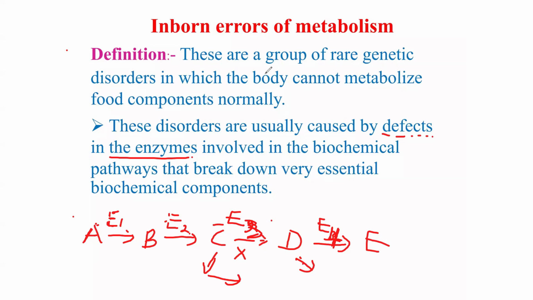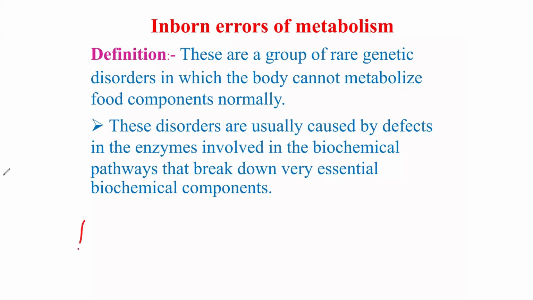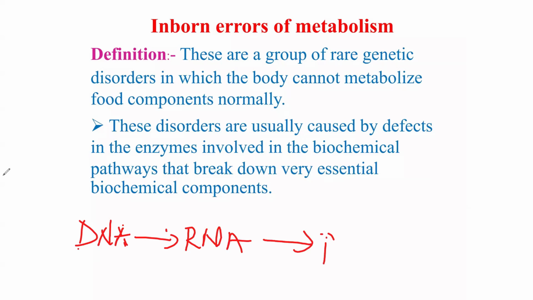Now, this enzyme defect is usually due to mutation, as we know from the central dogma of molecular biology. We have DNA, and DNA is usually converted into RNA, and then the RNA is converted into protein.